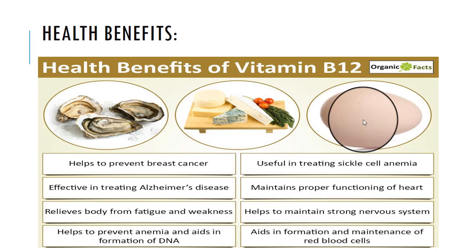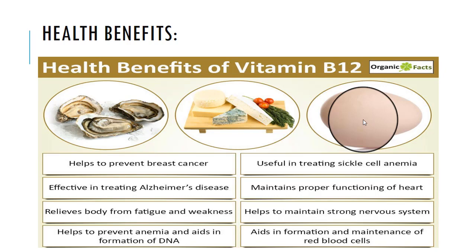Vitamin B12 is also used in the treatment of anemia, which we have already discussed. So it has a major impact on the brain. Third benefit, it helps in healthy regulation of homocysteine control.